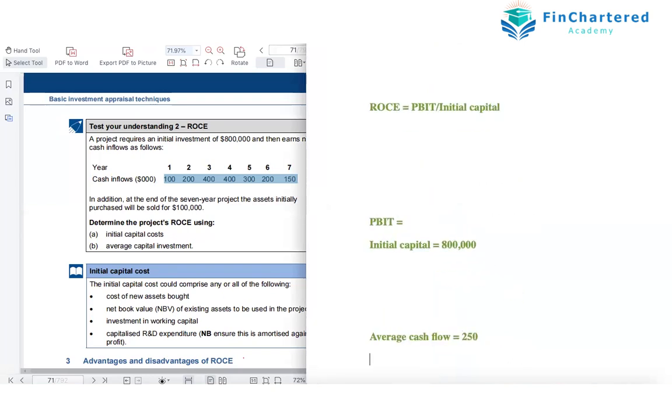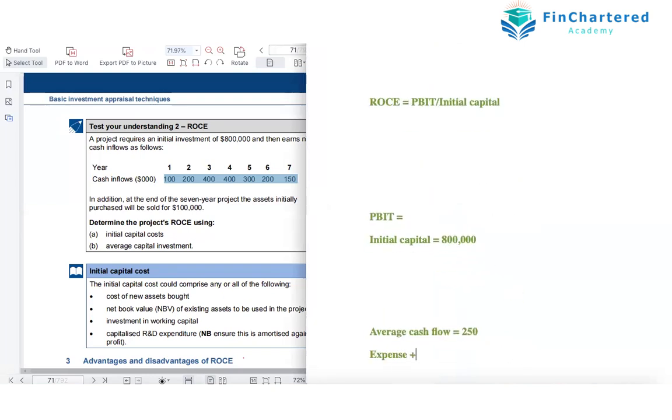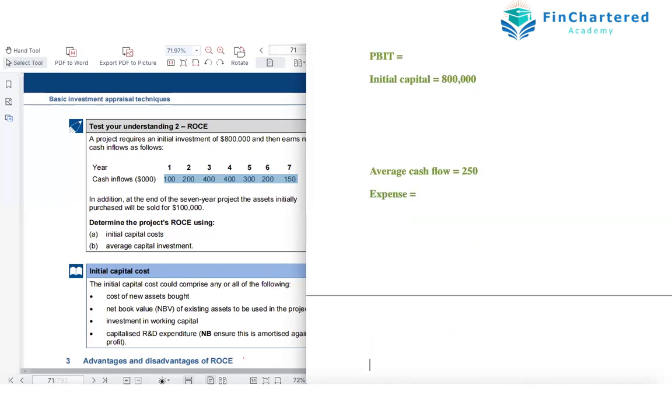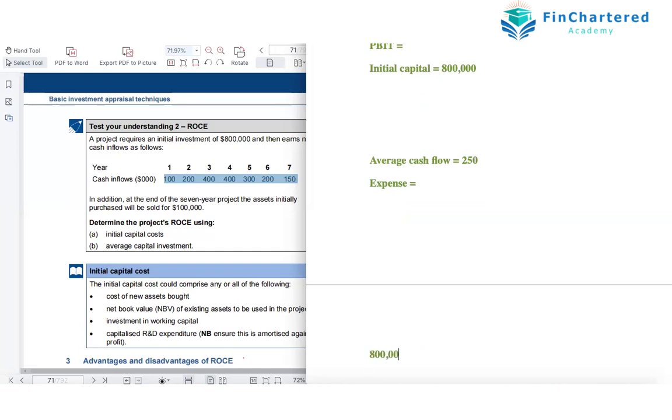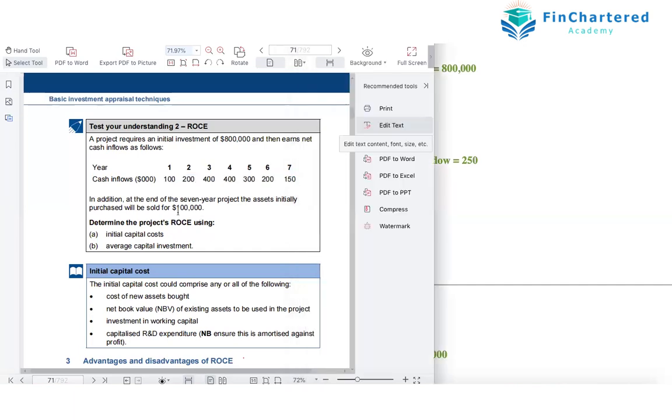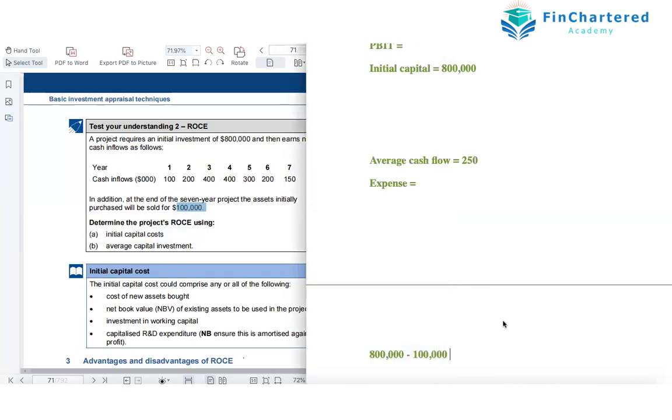From that, you will deduct the expense, and the expense is depreciation. So you have to calculate the depreciation. The asset had a value of 800,000, from which 100,000 was not depreciated because it was the scrap value. So 700,000 was depreciated over a span of 7 years.